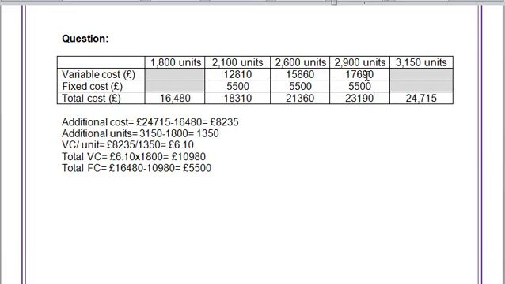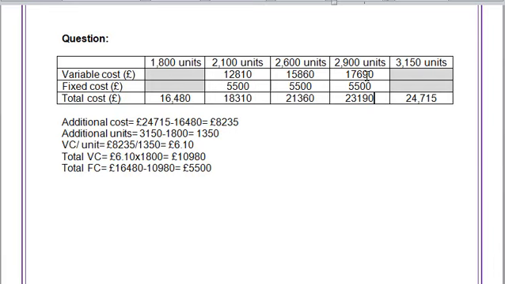2,900 units of activity. So high and low point, you pick the high and you pick the low, you get the difference between the cost and the units, and then you divide the cost by the unit, and that will give me the variable cost per unit. With that, I can plug that variable cost per unit at the high point or at the low point to find total variable cost of the high or the low point activity level.